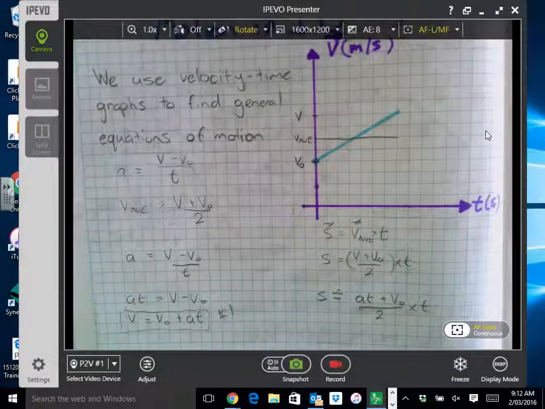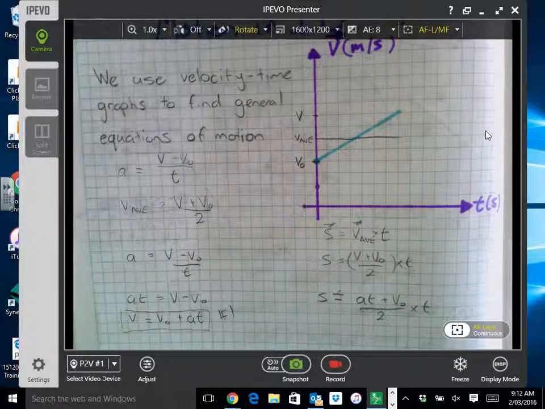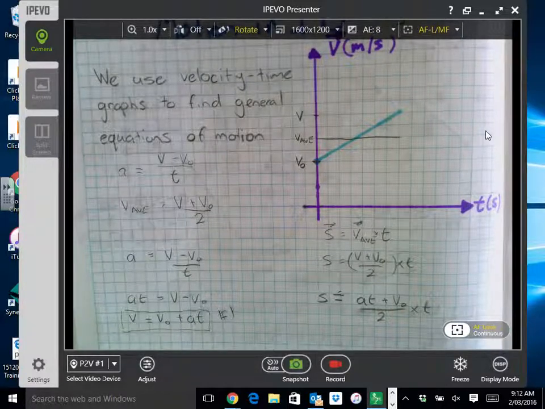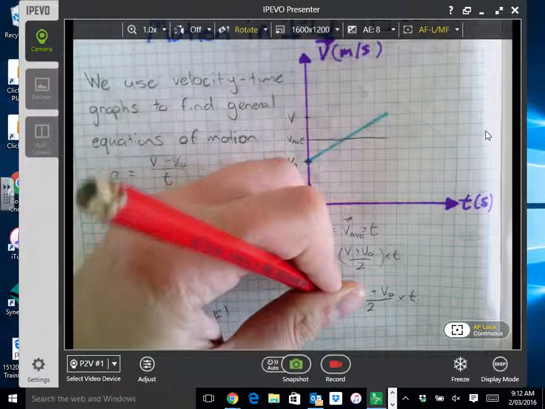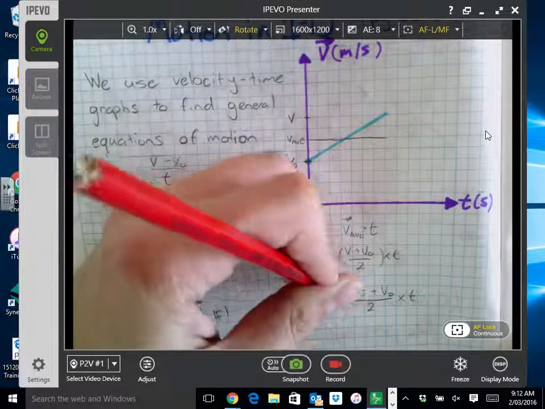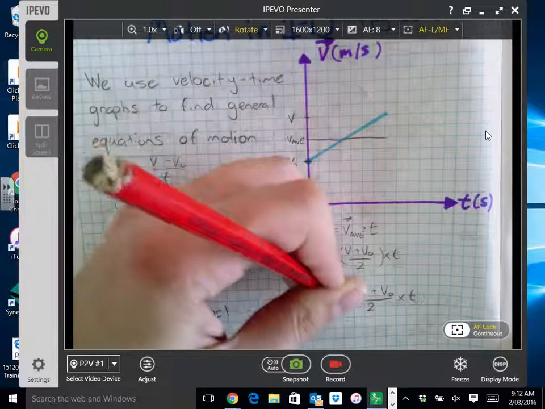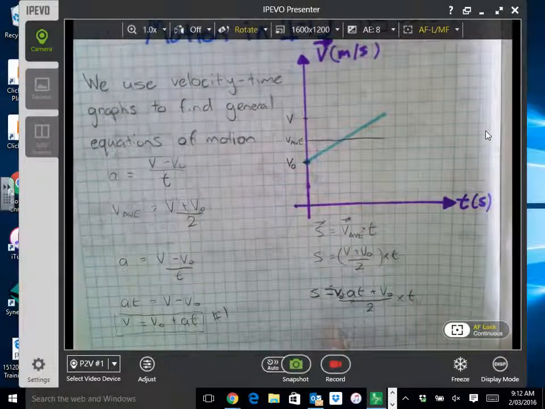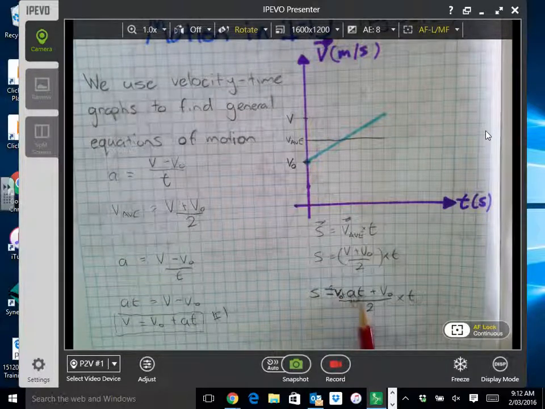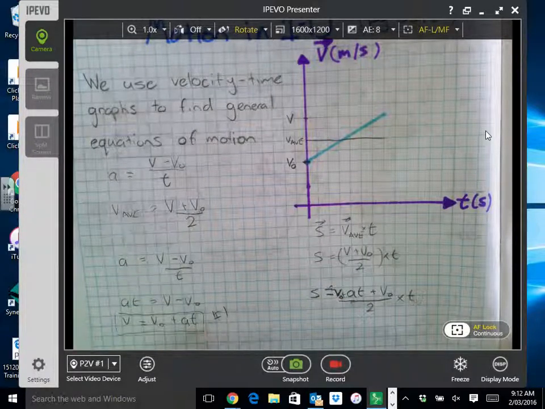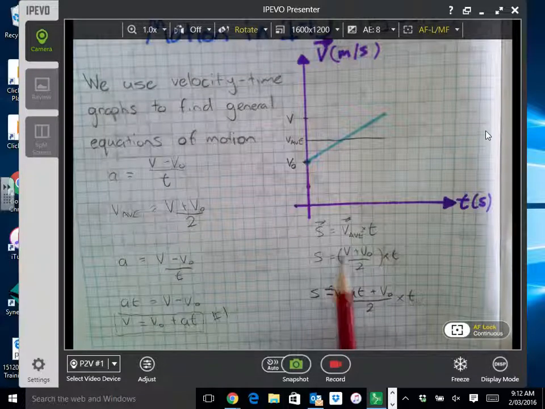Oh, sorry, I've also forgotten the V naught. So final velocity equals initial velocity plus acceleration times time. That's what this is. So I've basically taken that and I've substituted it in place of final velocity.